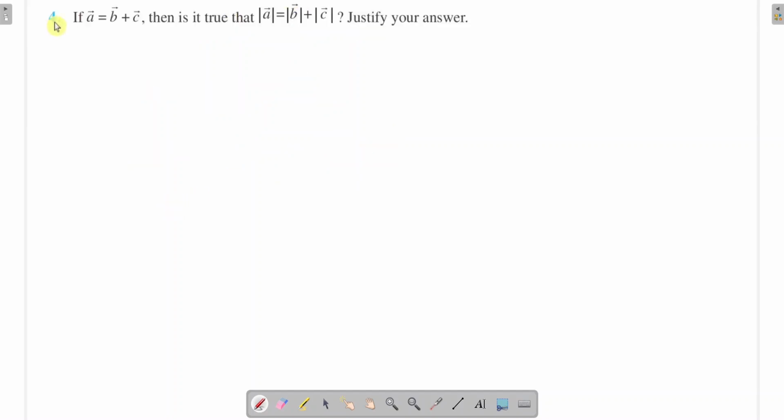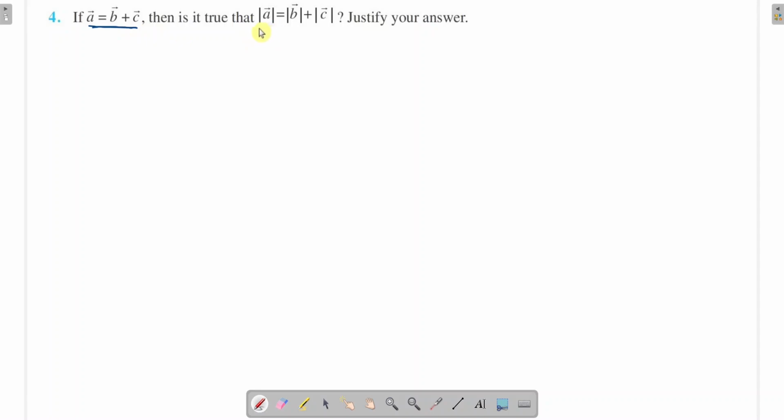Okay. So if A bar equal to B bar plus C bar, then is it true that magnitude A bar equal to magnitude B bar plus magnitude C bar? Justify your answer. So what we have to do here is, it is given that A bar is equal to B bar plus C bar.